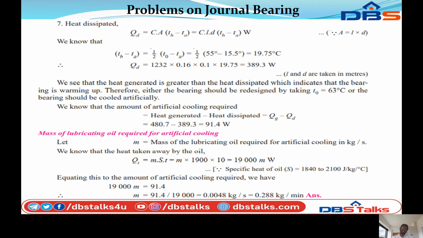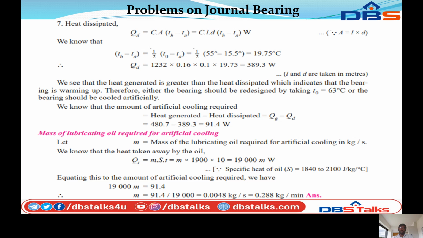So next we calculate the heat dissipated. Qd is equal to C into A into Tb minus Ta, that is equal to C into L into D into Tb minus Ta, since A is equal to L into D. We know that Tb minus Ta is equal to 1 by 2 into T0 minus Ta, that is equal to 1 by 2 into 55 degrees minus 15.5 degrees, that is equal to 19.75 degrees.